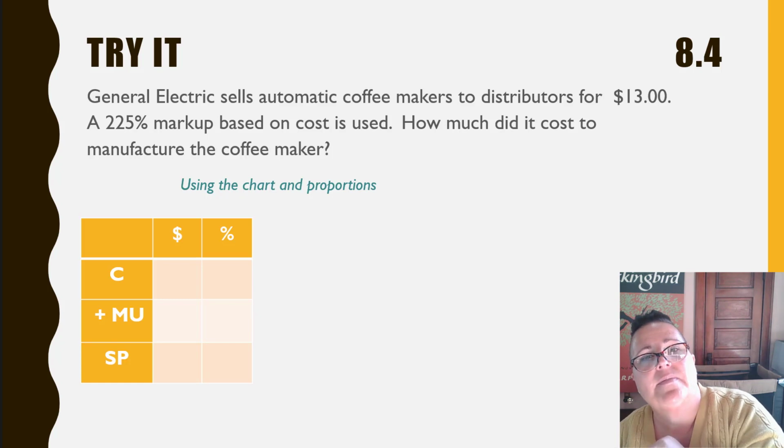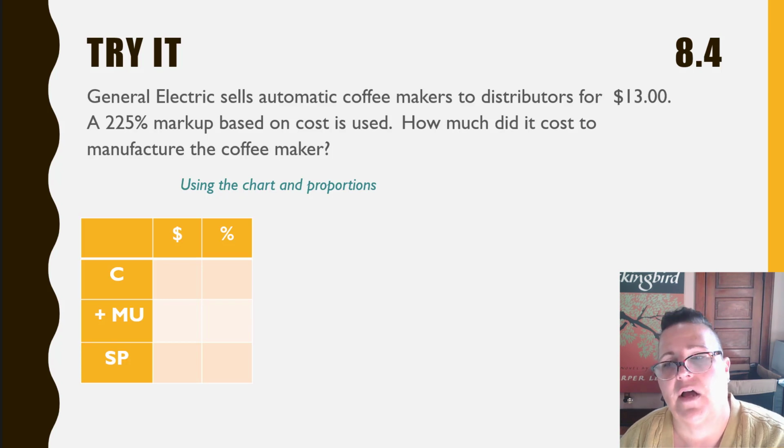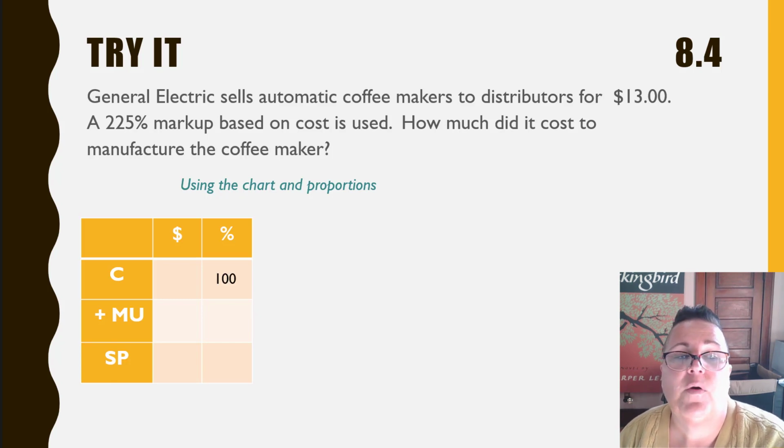Our second column is the dollar amounts, and the third column is the percents. Since this is a markup based on cost, the 100% goes where the cost percent is. And I'm going to mine the rest of my data from the word problem. And I'm going to start that again. So General Electric sells coffee makers to distributors for $13.